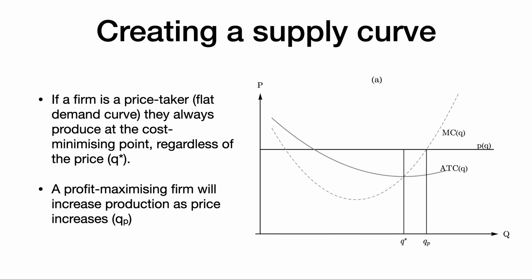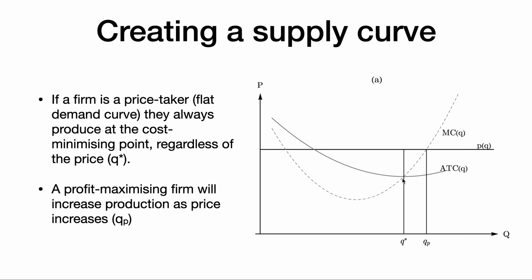That's super important. And so what we do is we end up with these quite unusual supply curves. Okay, if the firm is a price taker, for example, if their demand curve for the individual firm here, PQ, is flat, okay, they always just produce at the cost minimizing point down here, the minimization of average total costs, because that maximizes the return on all your costs.